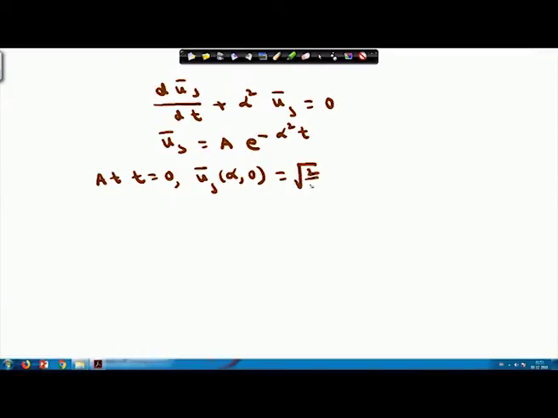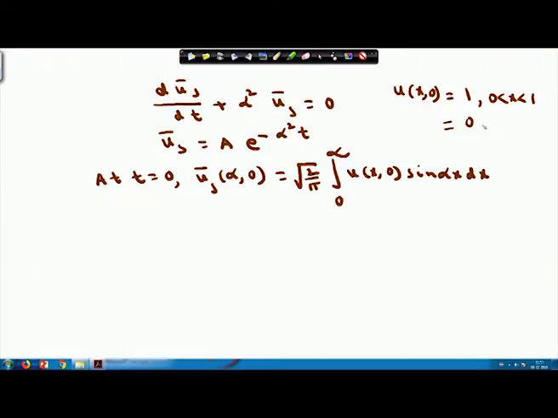If I put the condition from the definition, u bar s alpha 0 is root over 2 by pi, integral 0 to infinity u x 0 into sine of alpha x dx. Now, u x 0 has been defined already in the question: u x 0 is 1 whenever x lies between 0 and 1, and for x greater than or equal to 1 it is 0.